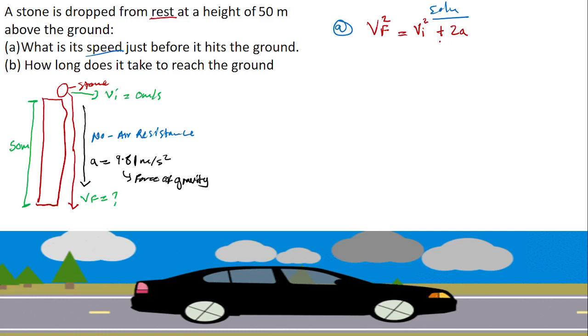This Y is just talking about the distance. Some equations say 2aS, which is talking about the distance which has been covered.